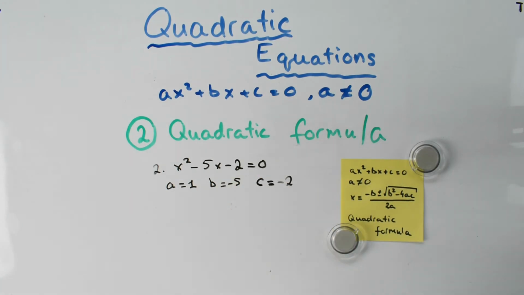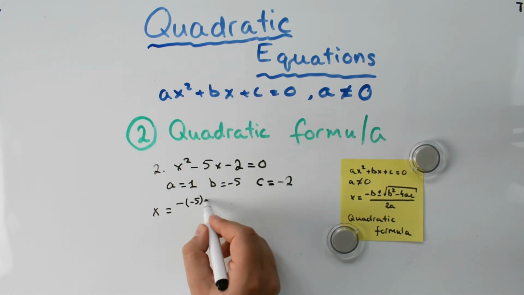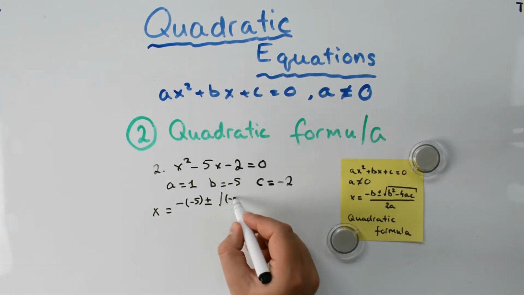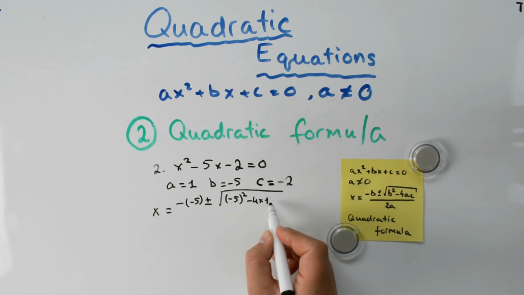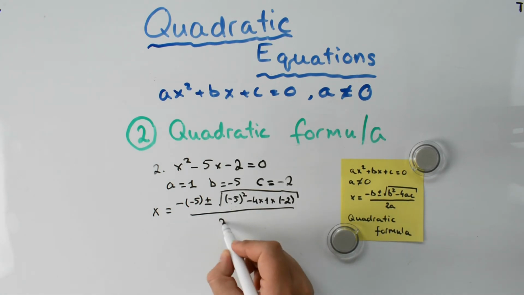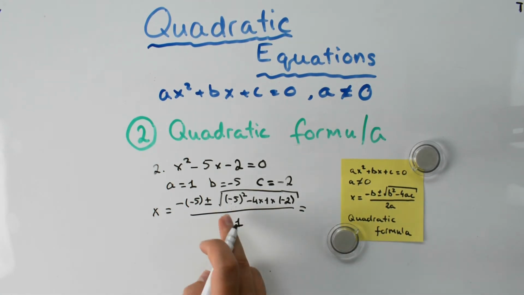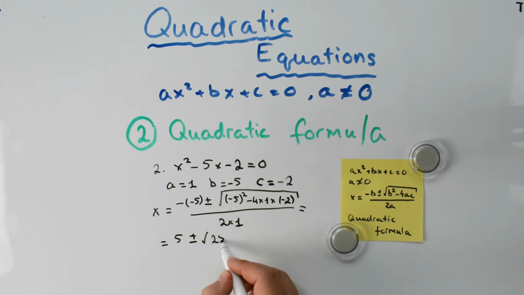I'm gonna plug those values into the formula again, so it becomes minus 5 plus or minus the square root of minus 5, all squared, minus 4 times 1 times minus 2, and that is all divided by 2 times 1. Okay, so I'm gonna simplify the signs, so minus minus 5 becomes positive 5, and then the square root becomes 25 plus 8, and that is all over 2.